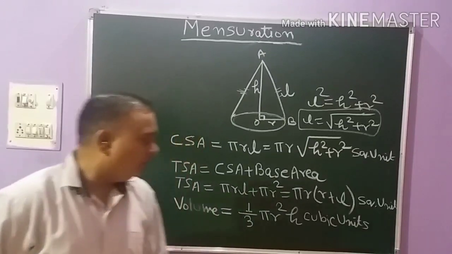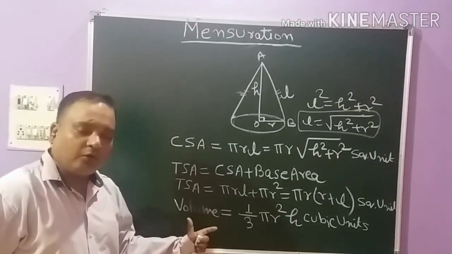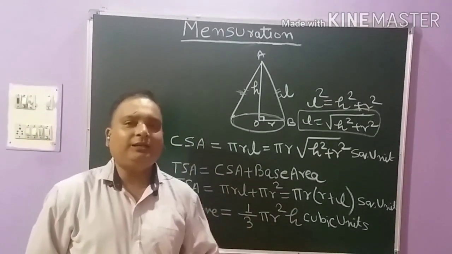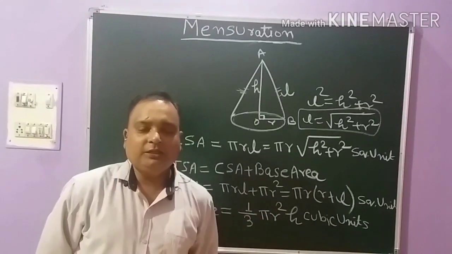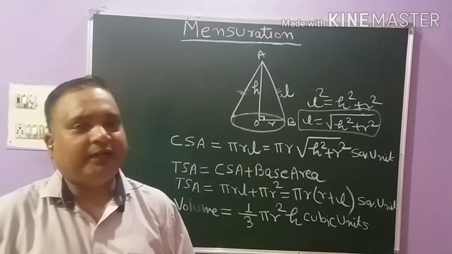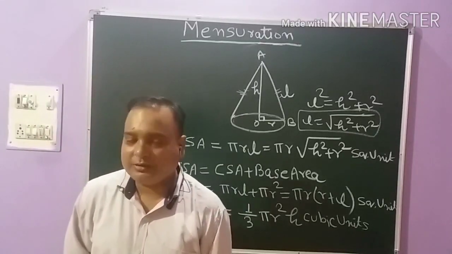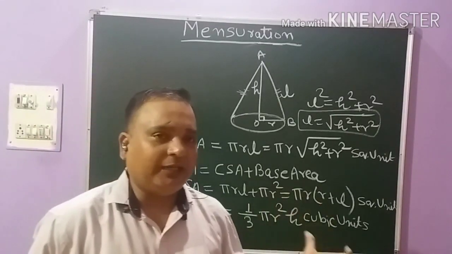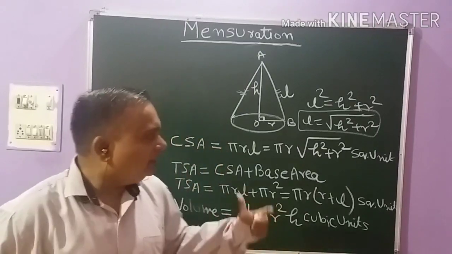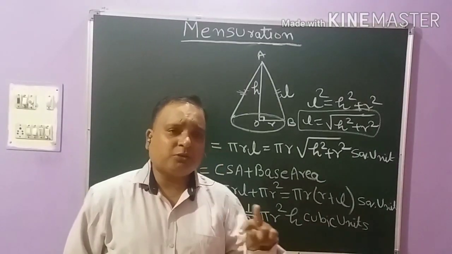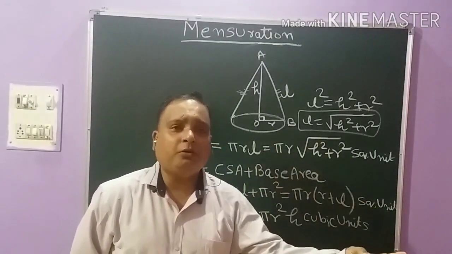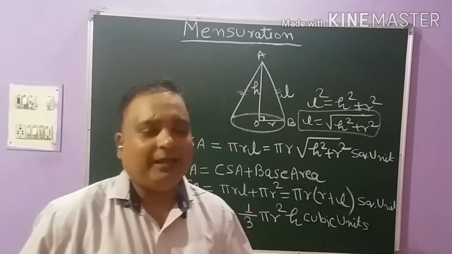I repeat, the volume of cone is 1/3 the volume of cylinder. So this is the concept of cylinder and cone, and how we will find the total surface area, curved surface area and volume for cylinder and cone. In this video we will discuss only these two objects. In the next video I will explain sphere, hemisphere.